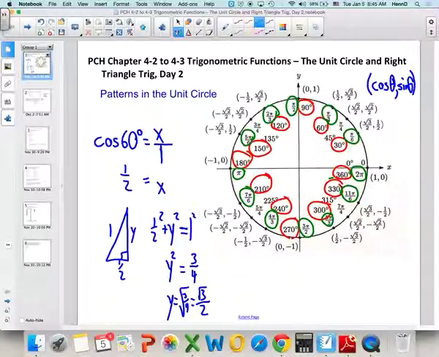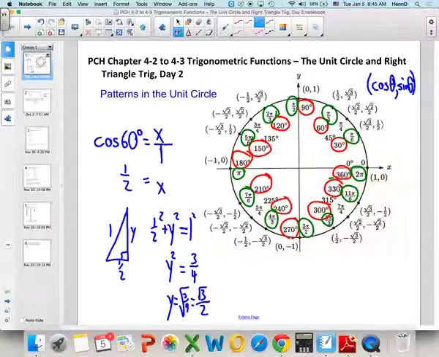Now, what are some patterns that you recognize just in that? Do you see anything with the radian measures of the angles? When you go around once, you get 1, and when you go around twice, you get 2. Whatever is across is always 1 more.